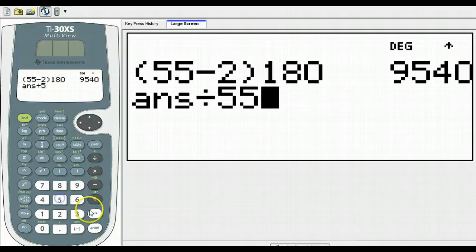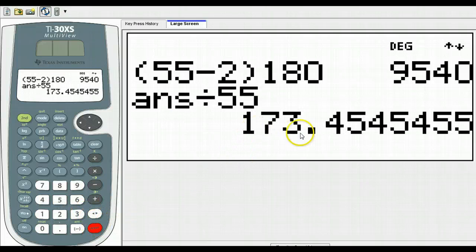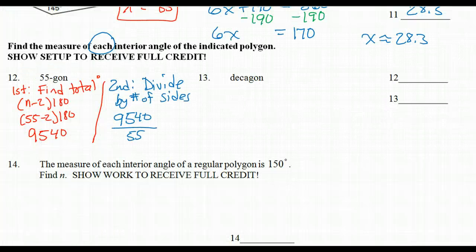So divided by 55, that's 173.5. Okay, I'll put that here. Okay, and that's degrees.